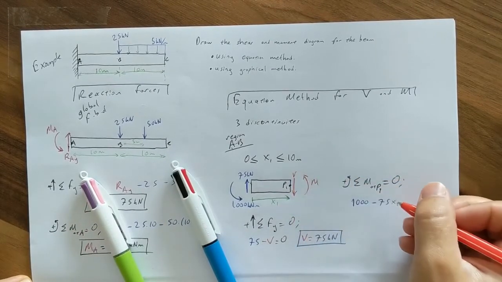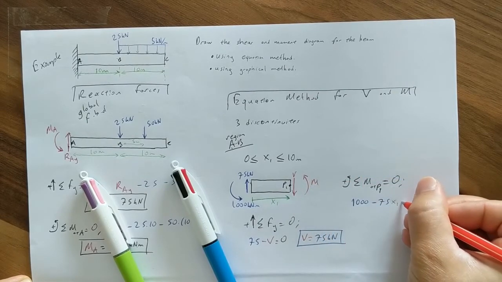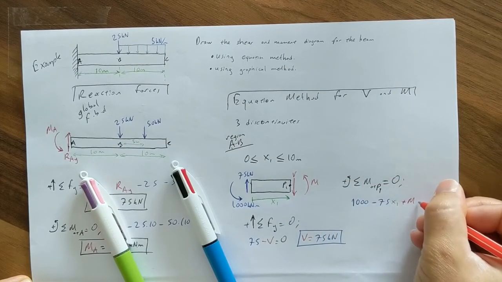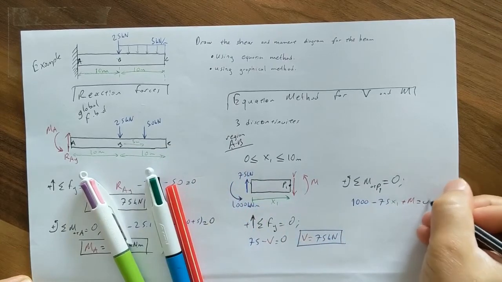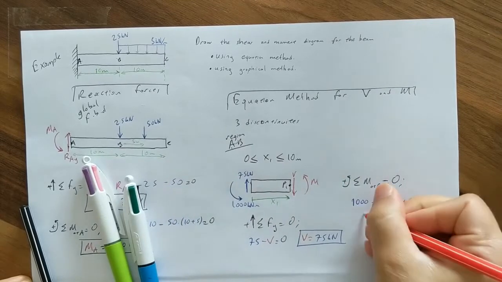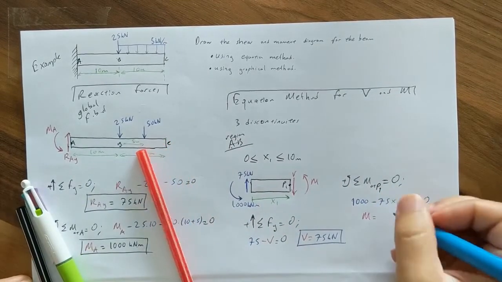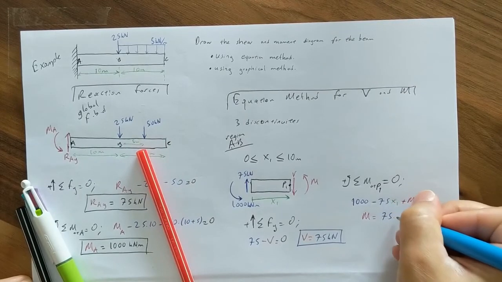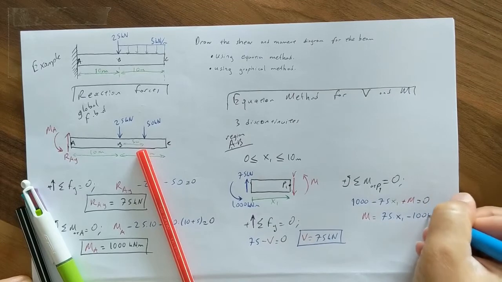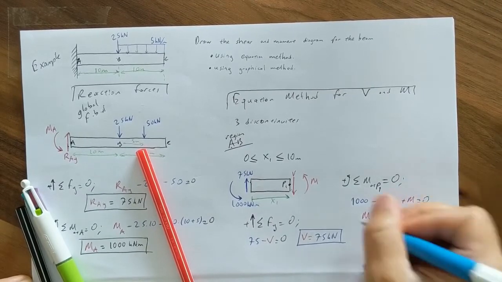V has no effect about point P1, and M has an effect, so plus M equal to 0. So M is equal to 75 x1 minus 1000 kilonewton meters.